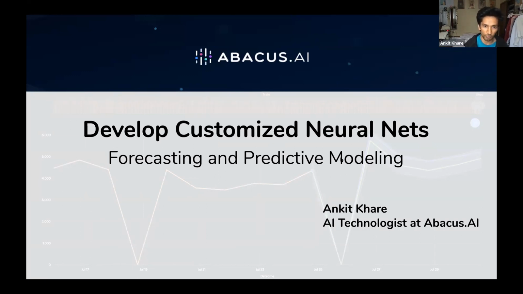But the second part is why the title is Developing Customized Neural Networks. So there are two catches in there. First is customization. So on our platform, we have two options for different kinds of audiences. The first one is for somebody who's very familiar with deep learning.